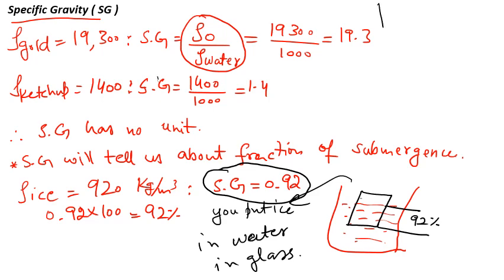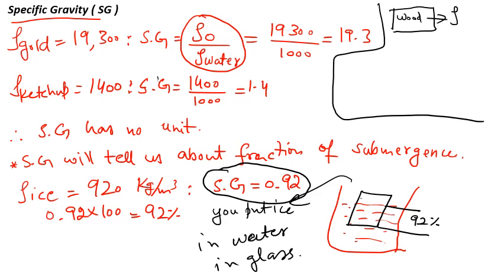ओके जी, अब मैं आपको एक टास्क देता हूं, you have to find out the specific gravity of that and you have to tell me. Okay, I would tell you that there is a wood block whose specific gravity is 0.2. Now you have to tell me how much this wood block would submerge into this water.